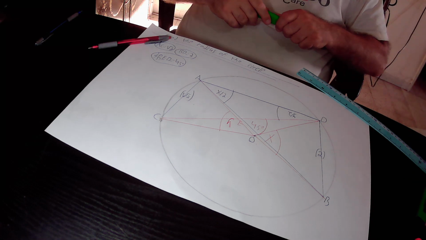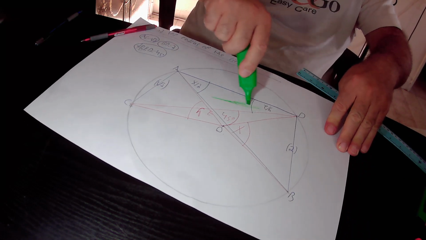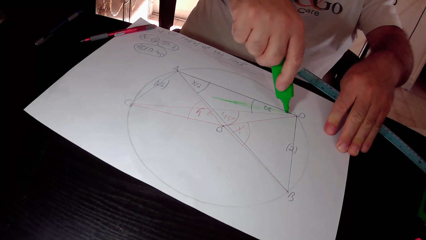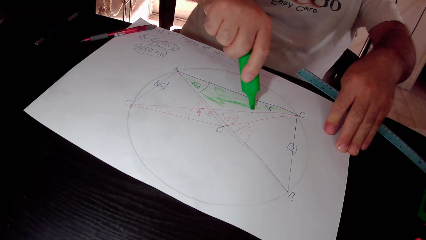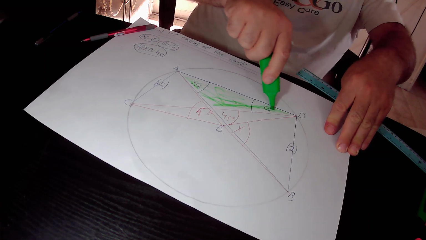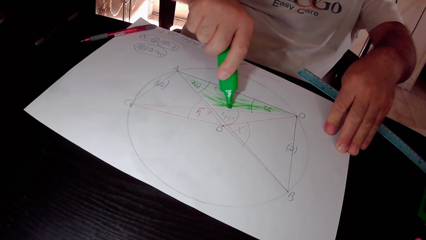In the next step, I'll copy the green triangle ADE, this green triangle ADE, in the new page, and we will implement Rule 4 on this triangle ADE.